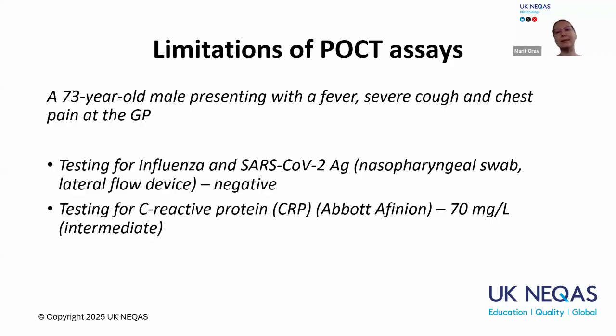But now when you look at this presentation and you see this information that is provided, you see that there is something actually that's missing, and that is the onset of the symptoms. So if you're testing for viral particles, for influenza and SARS-CoV-2 antigen, then the shedding of the viral particles is something that over time will decrease.